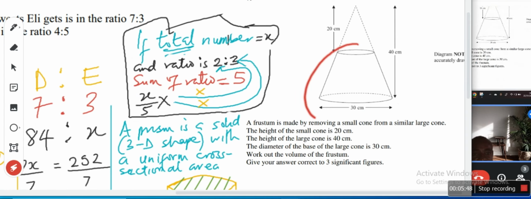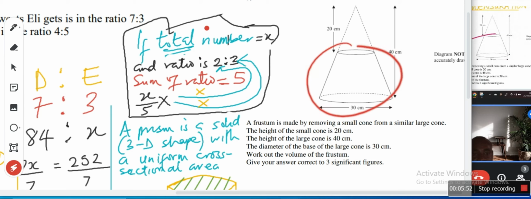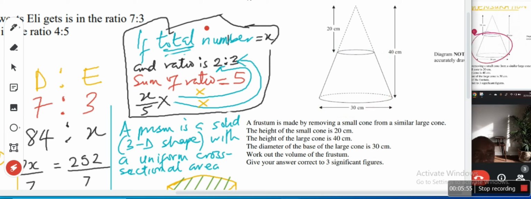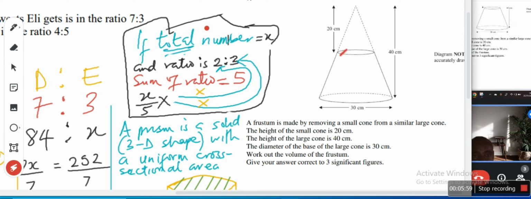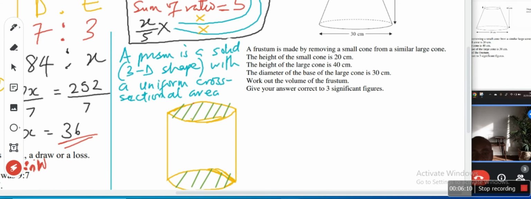Can you tell me why this is not a prism? Scroll up to where you have the frustrum. Why is it not a prism? Because the two cross-sectional areas, up and down, are not equal. In fact, we normally name prisms by the shape of the cross-section.